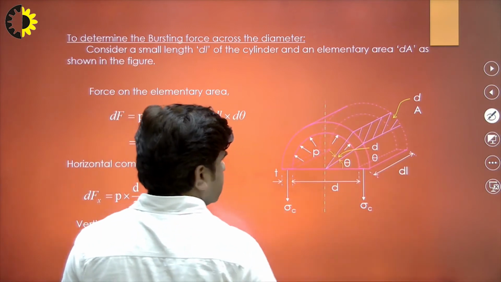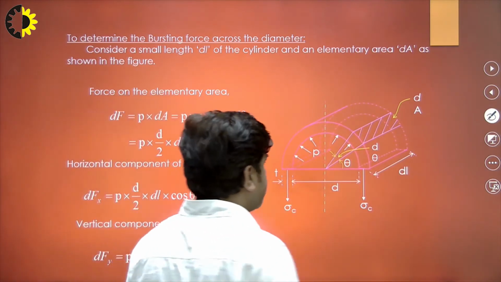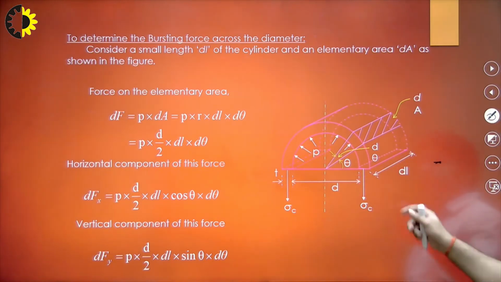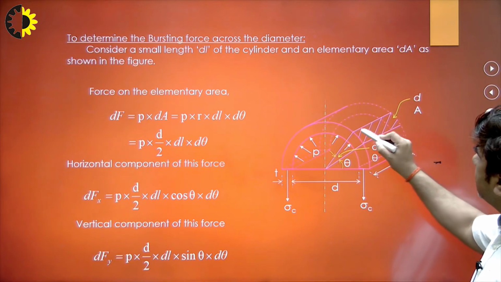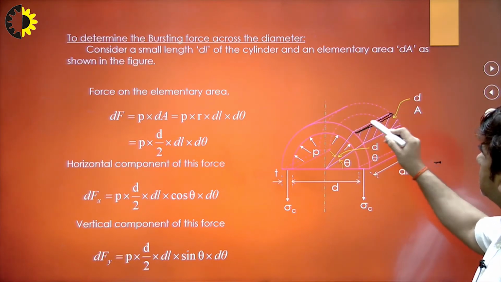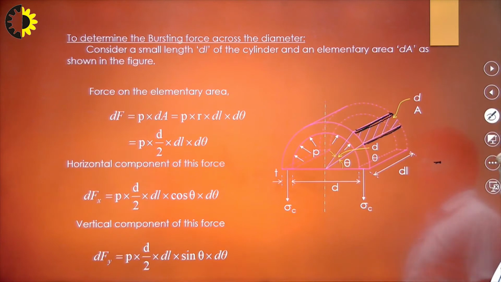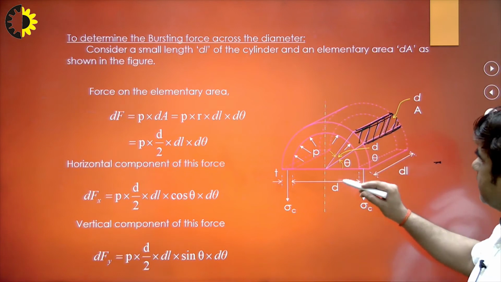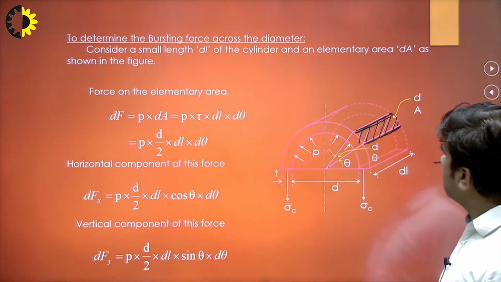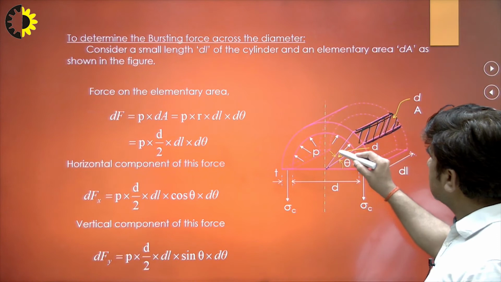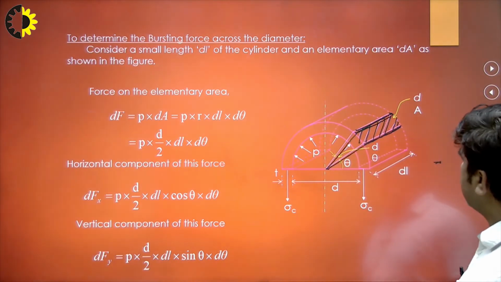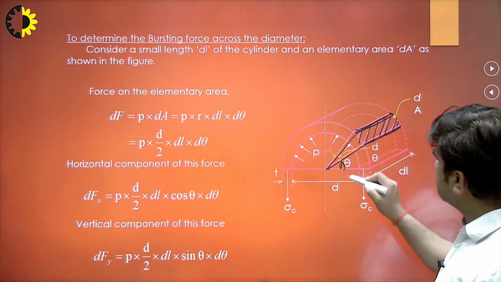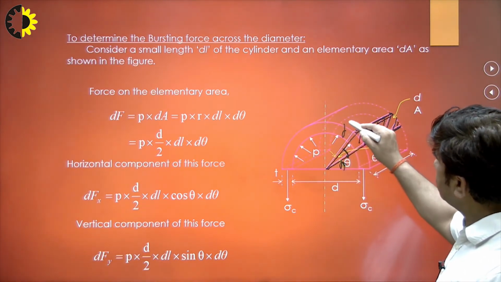So, again the same diagram has been shown here. This is the elementary length of the cylinder. Now, I am considering an elemental area on the cylindrical wall, say dA. The radial distance of this elementary area is r, this angle is theta, this is d theta.